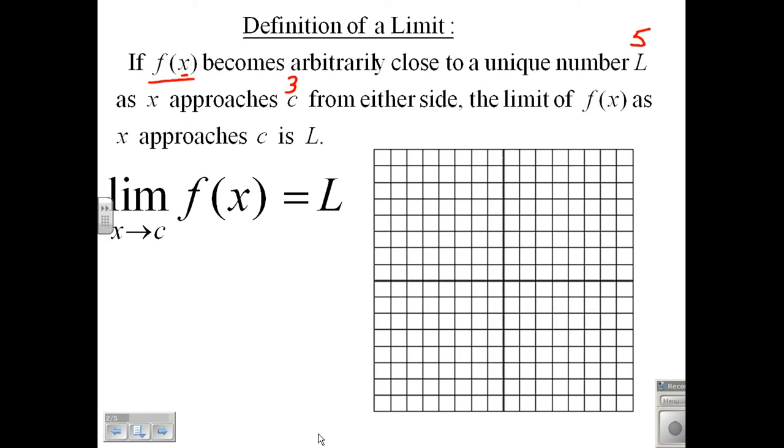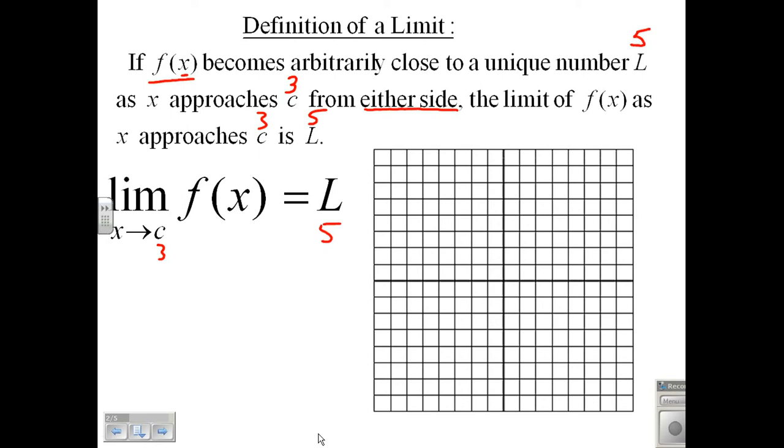If the height becomes close to 5 as x approaches c from both sides, so the height approaches 5 as we move to the right and left toward 3, the limit of f as x approaches 3 is 5 and is written this way: the limit of f of x as x approaches 3 is 5.